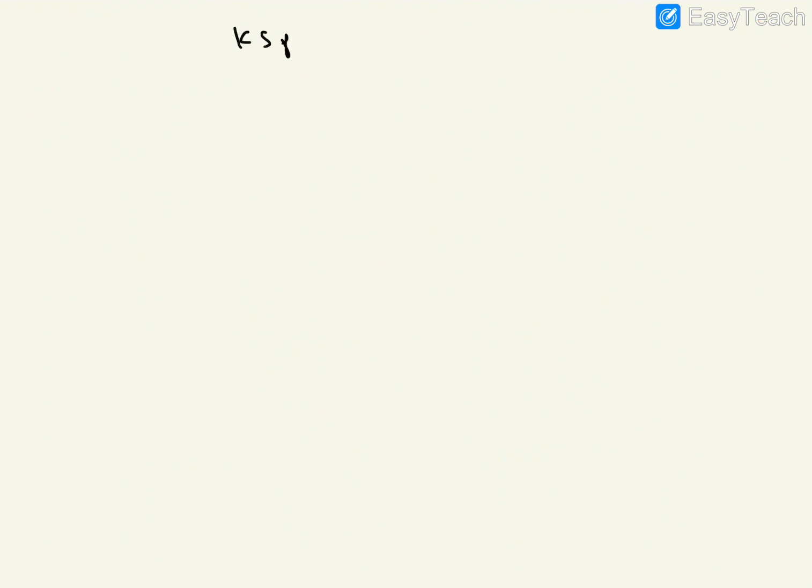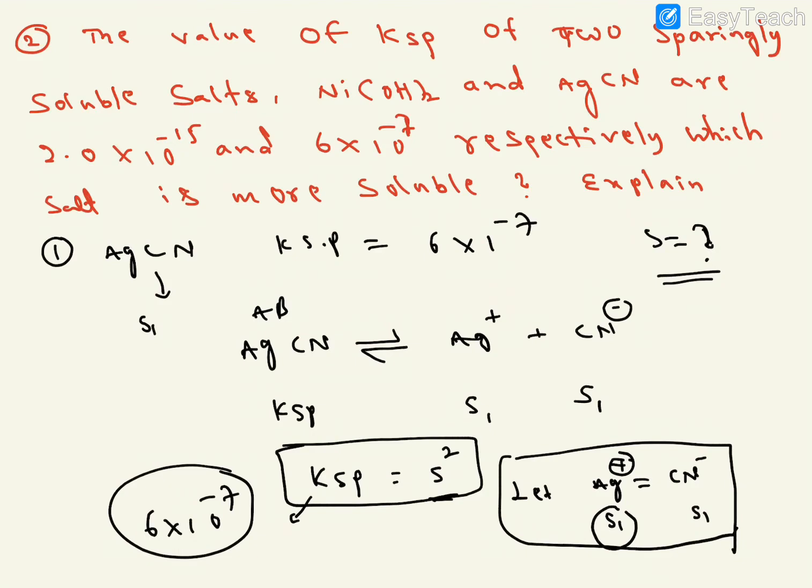So generally Ksp is equal to S squared, and S squared is 6 into 10 to the power of minus 17. Sorry, here it is 17. This is the solubility product.